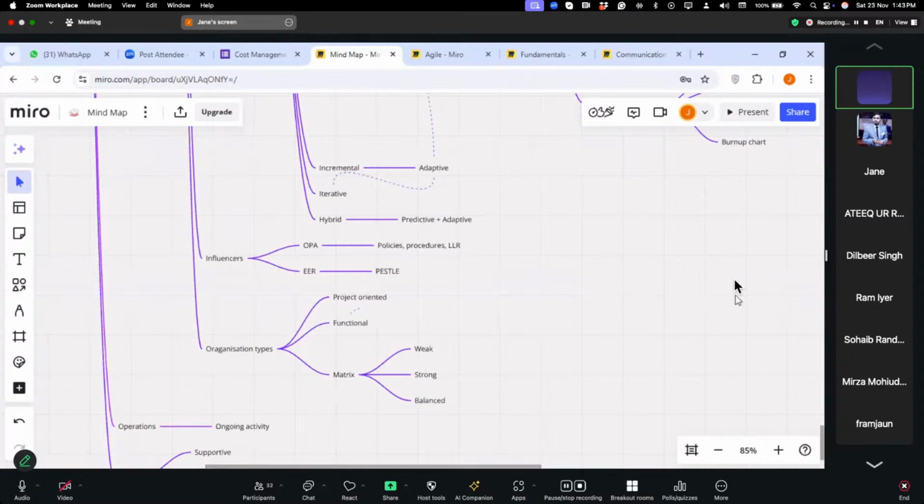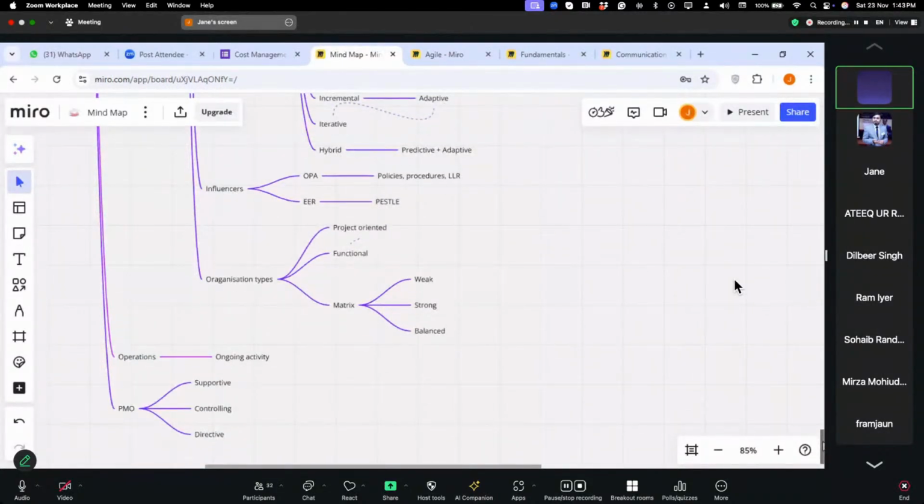In strong matrix, the project manager has the major power, and some power is given to the functional manager. In weak matrix, the functional manager has the majority of power, and the project coordinator has some power. In the balanced matrix, both the project manager and functional manager have equal power.